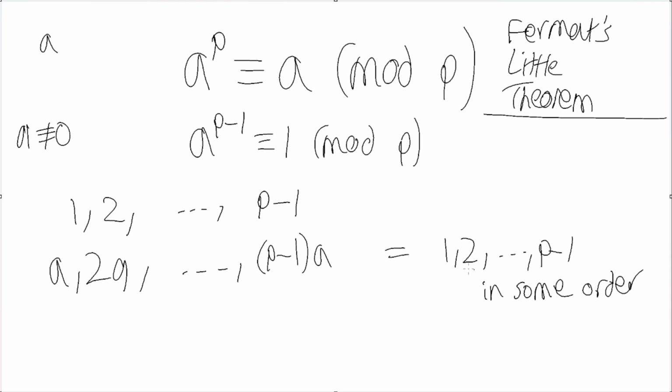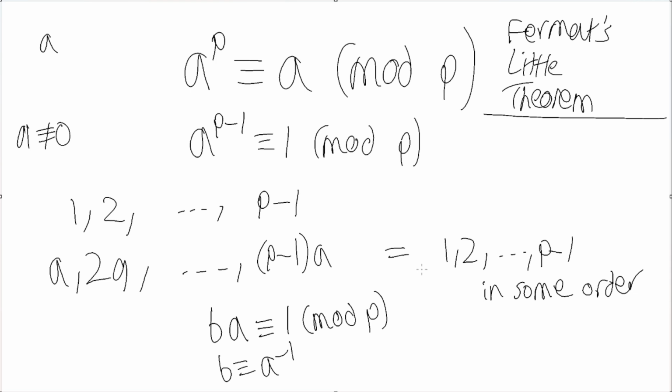As it turns out, the answer is yes. And to see why, let's first prove that 1 is on the list. Then we need some number b times a is equivalent to 1 mod p. But this is just the modular inverse property. We can just take b to be a to the negative 1. So that proves that 1 is on the list.